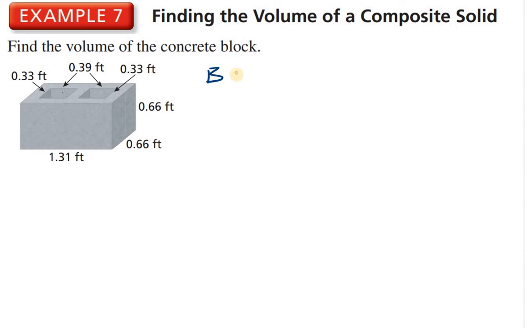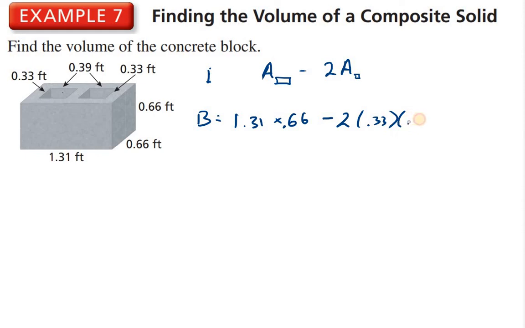Find the base by taking the area of the large rectangle minus 2 times the area of those smaller rectangles. Okay, so the base is going to be 1.31 times 60.66 minus 2 times 0.33 times 0.39.